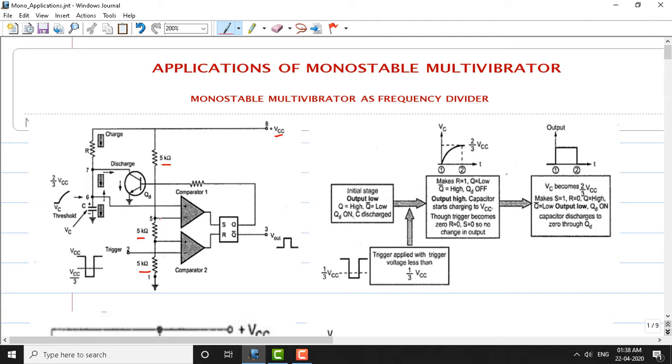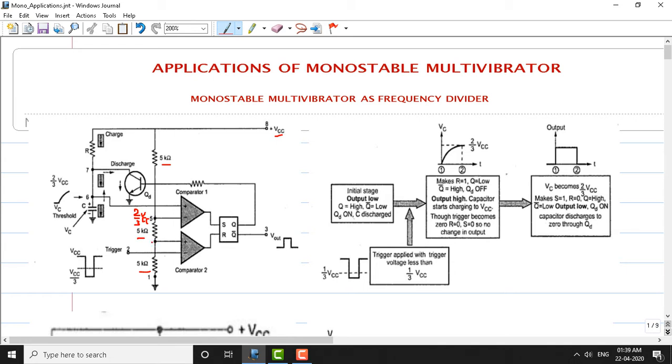If we simplify that, the voltage at pin number 5 is found to be 2 by 3 VCC. So this is the voltage at pin number 5.